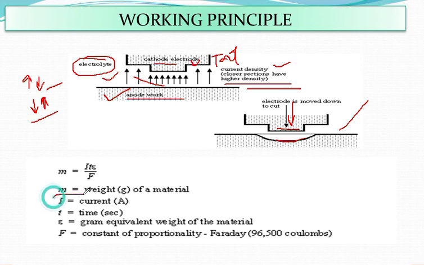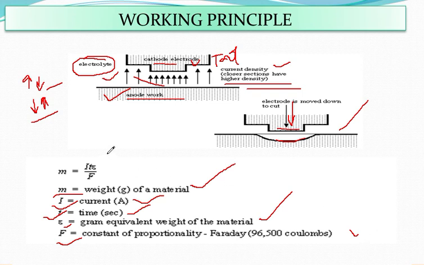If M is represented as weight of material in gram, I is represented as current in ampere, and T is represented as the time in second, then eta is the gram equivalent weight of the material, and F is denoted by the constant of proportionality, that is the Faraday, that is 96,500 coulombs.